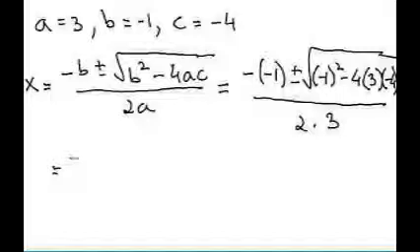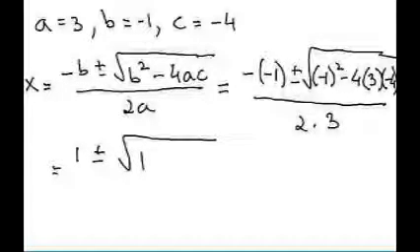So just because it looks kind of ugly, it doesn't actually make it a difficult problem. Let's see what is happening. Minus negative 1 is just a 1, plus or minus the square root of 1 plus 4 times 3 is 12 times the 4 gives me a 48.